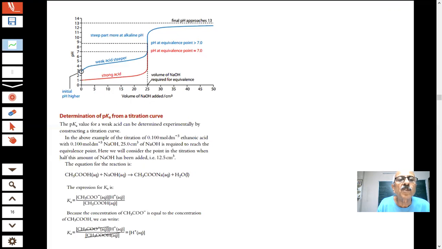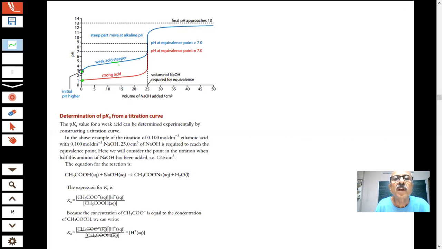What is the difference? You see, this is my strong acid. The pH is less. Weak acid pH is more. Strong acid has more H+ ions, so the change in pH is less, as you can see. But weak acid has fewer H+ ions, and when you add OH- ions, this is steeper.